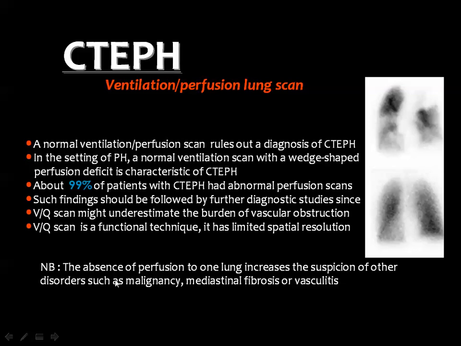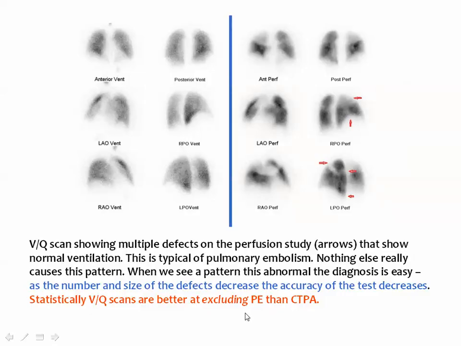And then the absence of perfusion to one lung: if you perform the ventilation perfusion scan and you get total absence of perfusion in one of the lungs, this is not CTEPH, but you think of other disorders like malignancy, mediastinal fibrosis, or vasculitis. Then this is the ventilation scan and this is the perfusion scan, and you can see multiple perfusion defects which do not correspond to defects in the ventilation scan.